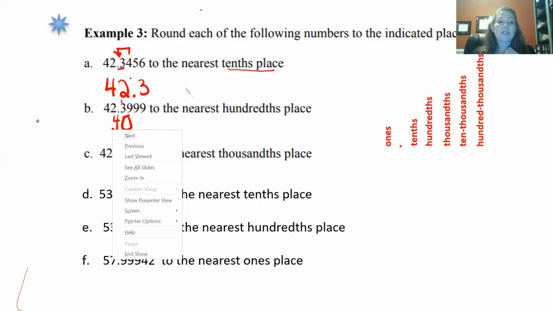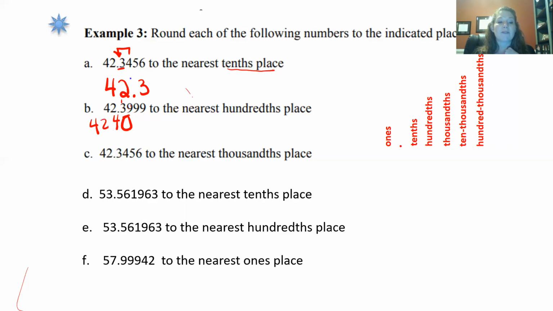And then you have to include all the numbers in front of it, you have to write those. So rounded to the hundredths place, our number is 42 and 40 hundredths, or 4/10 is the same thing as 40 hundredths. Anyway, so that's what you do. So when it's a 9 and it has to turn into a 10, you have to carry the 1.